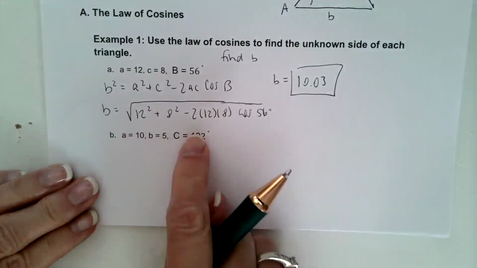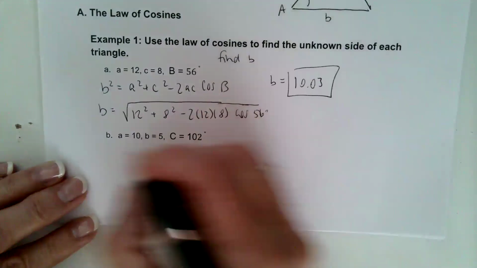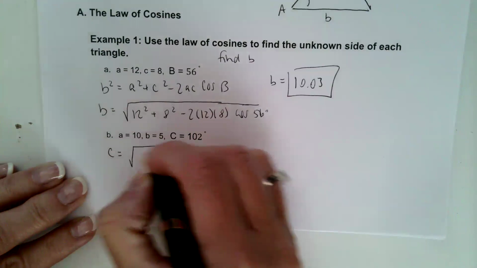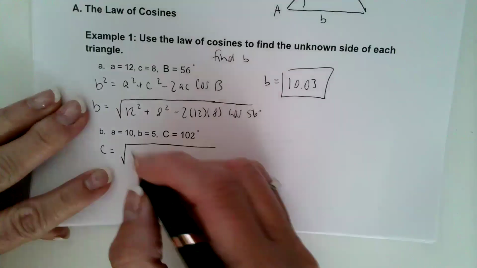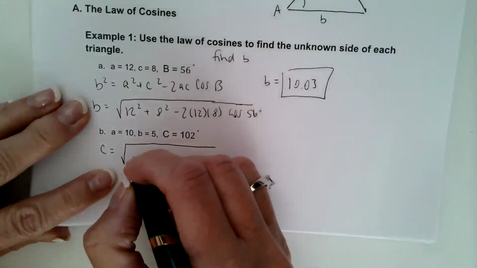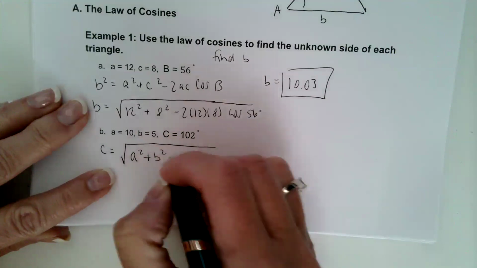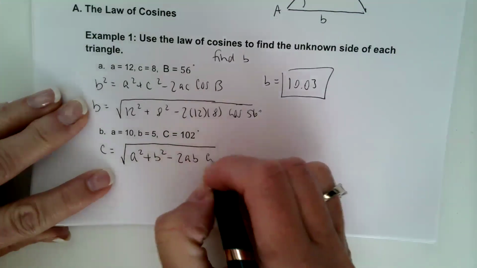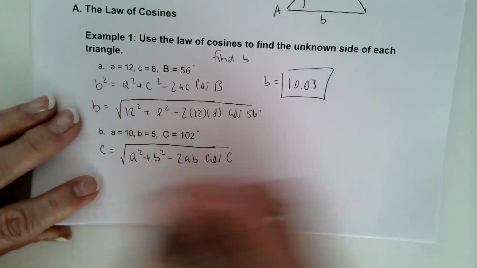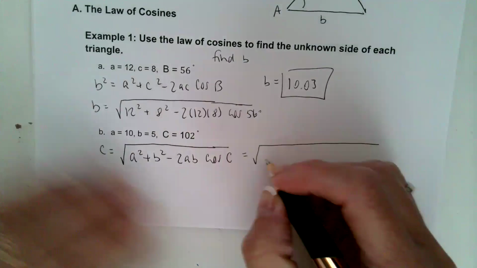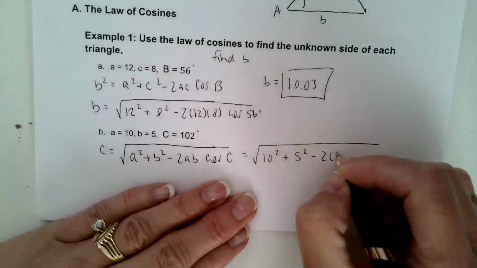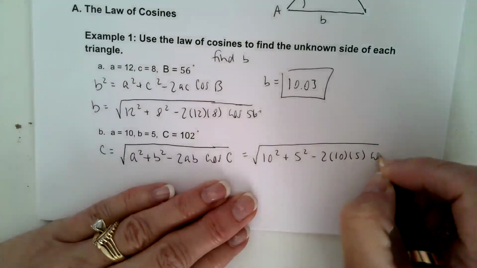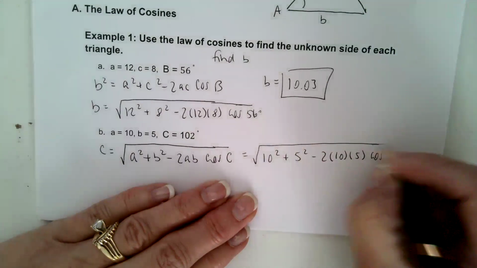Okay. In the second example, we know side A and side B and then angle C. So we're trying to find side C. We know that C is equal to the square root, because we're taking the square root of a square, of A squared plus B squared minus 2AB cosine of the angle C. So that's going to be 10 squared plus 5 squared minus 2 times 10 times 5 times the cosine of 102 degrees.